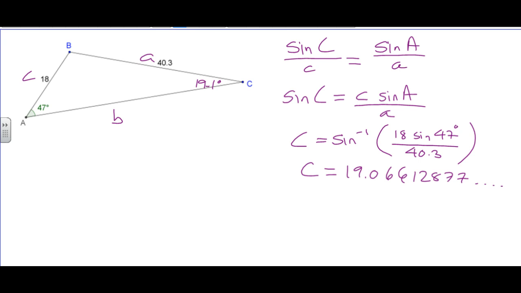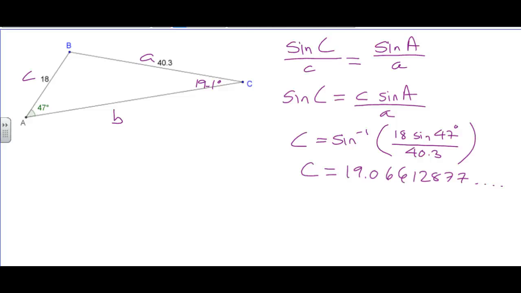Now, much as I may write 19.1, I'm not going to use that to calculate angle B. I'm going to go 180 minus. So for the angle that I'm going to use, just in your calculator, so you've got the number sitting there, just go 180 minus bracket second function answer plus 47. And you'll get 113.9338712.